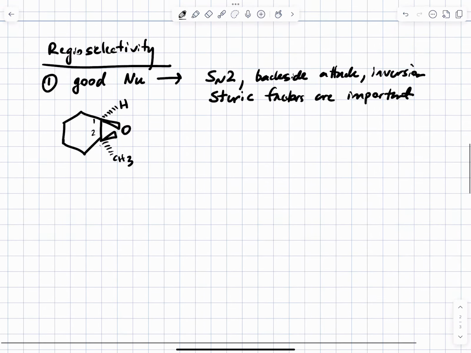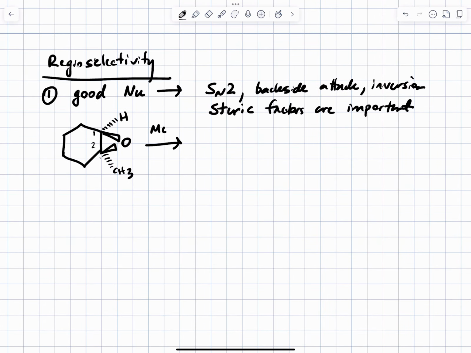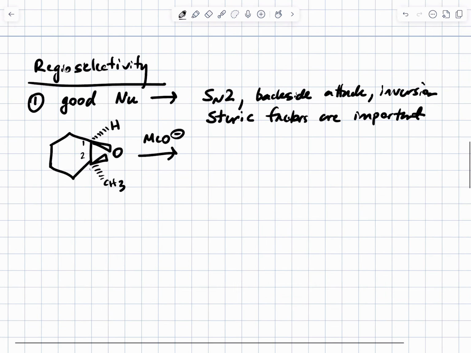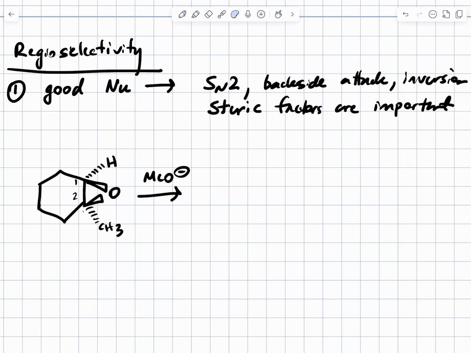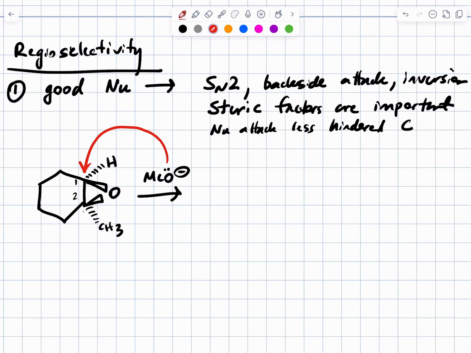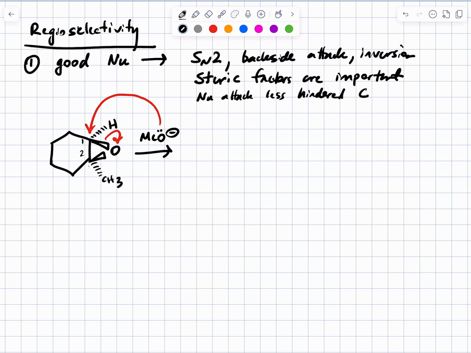So if I were to have a good nucleophile attack this epoxide from the back side, which of these two carbons, 1 or 2, do you think would be preferentially attacked? 1. Why is that? Less sterically hindered. Yeah, steric factors are dominant here. The nucleophile will attack the less hindered carbon of the epoxide.